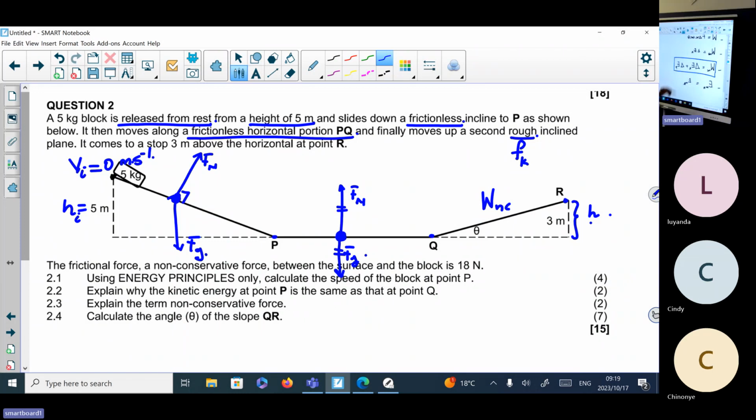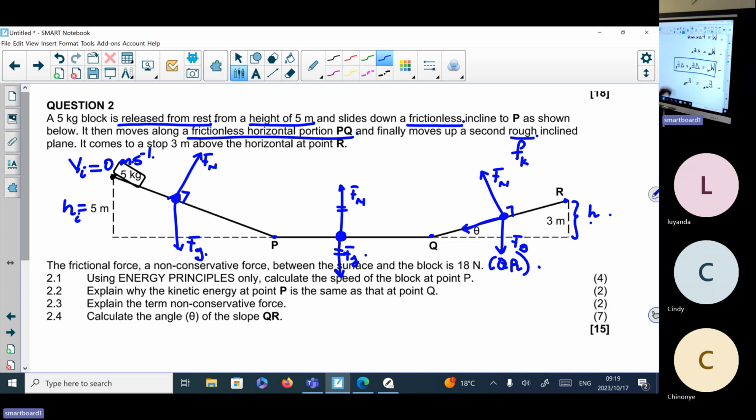Frictional force, a non-conservative force between the surface and the block, is 18 newtons. So they are referring here to the portion QR, because that is a rough section over there. So when the object reaches this portion here, it will still have the gravitational force, it will still have the normal force, but over and above that, remember it is moving up.